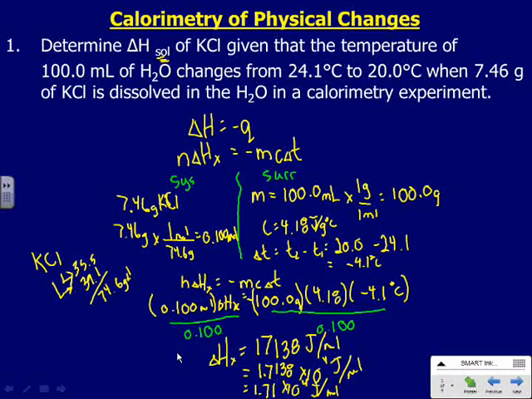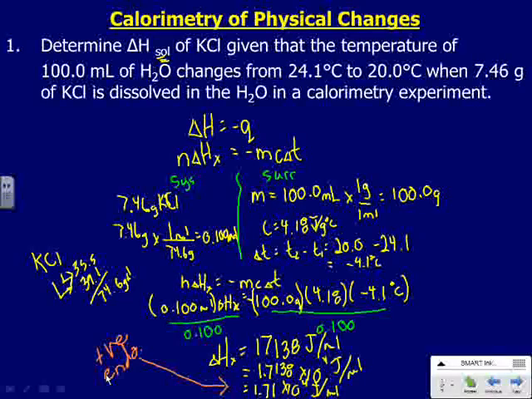All right? Okay, so we analyze what the system is. In this case, it was potassium chloride dissolving. We analyze our surroundings, water being cooled down in this case. Note here that the sign on our delta HX is positive, and positive means it's endothermic.